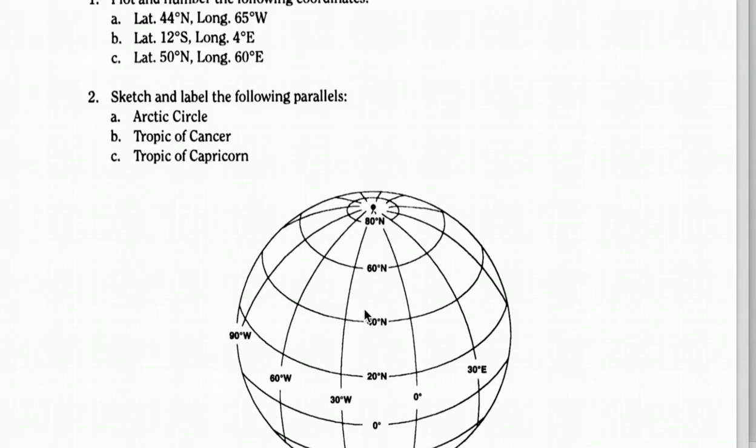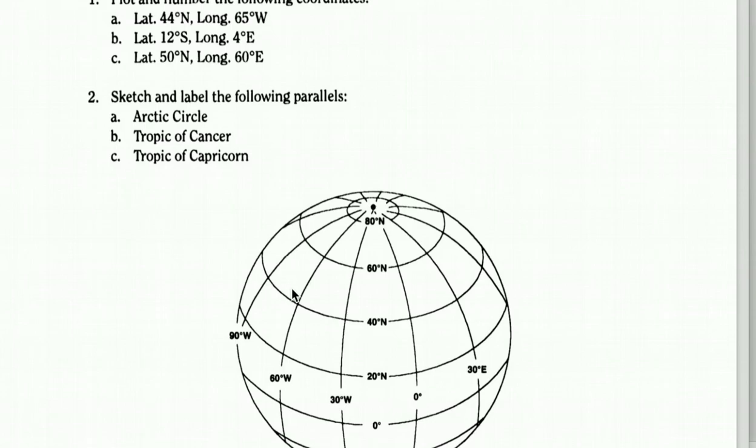We've got 40 right here, 60 right here, so halfway would be 50, so you can go a little bit lower than that. And then longitude is going to be 65 degrees west. So we can see that there's 60 degrees west, 40 degrees north. We're staying on 44. Go over and a little bit past this. So you would put a dot right here where my arrow is, and you can just label it with A.